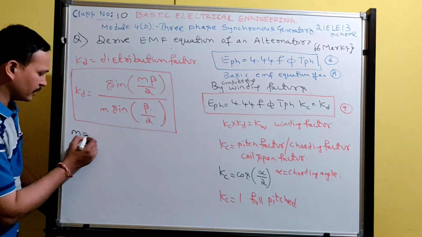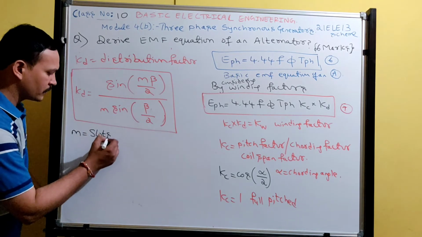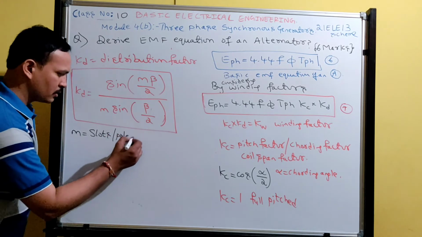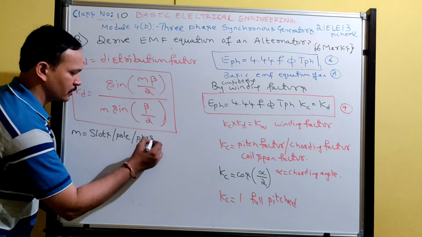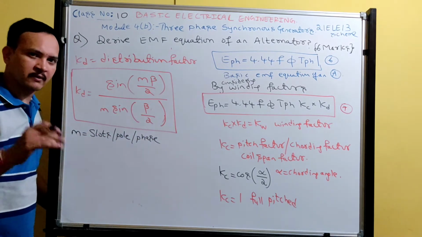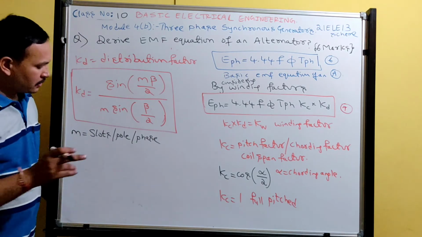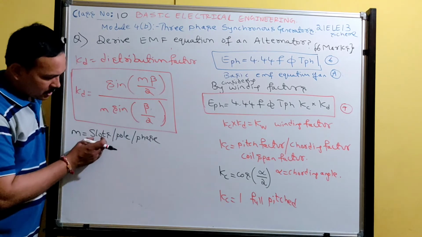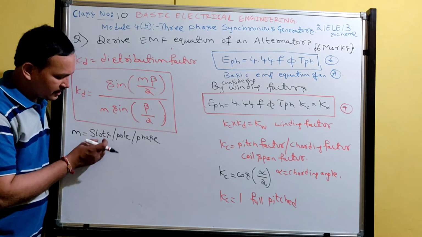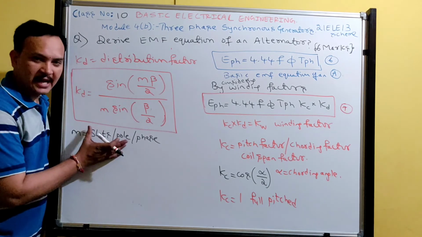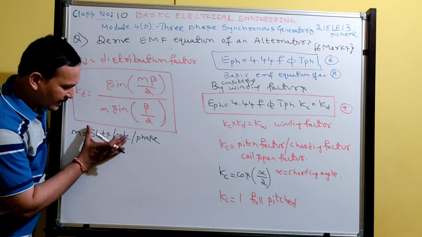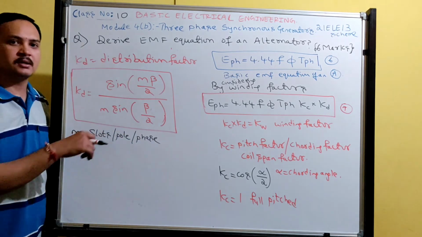See, m is nothing but slots per pole per phase. How to calculate? They will give all this data: slots, and poles. First you divide slots by pole. That answer you divide by the number of phases in the data.